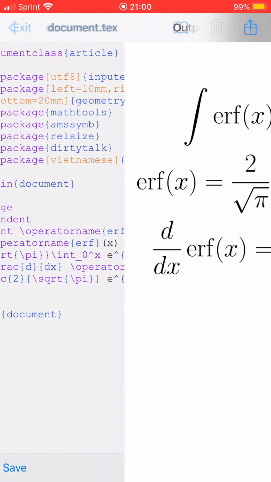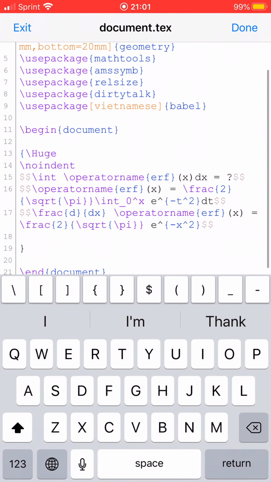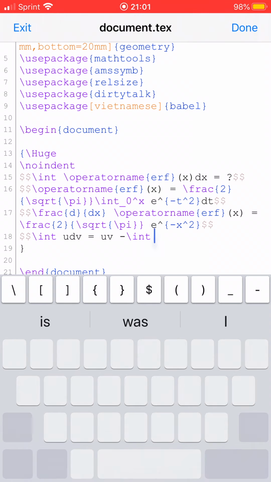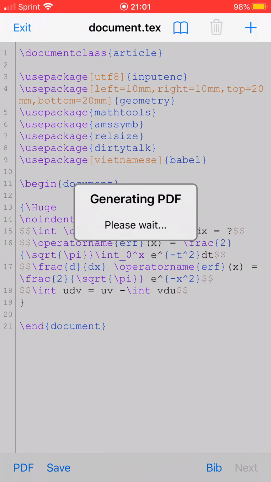And I think most of you should know this already, but I'm gonna write down the formula of the integration by parts, which is the integral of u dv equals uv minus the integral of v du. Yes, v du. I just wanted to make sure that I'm not writing the wrong thing.